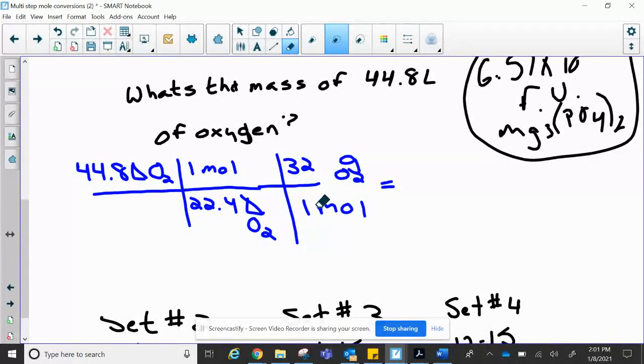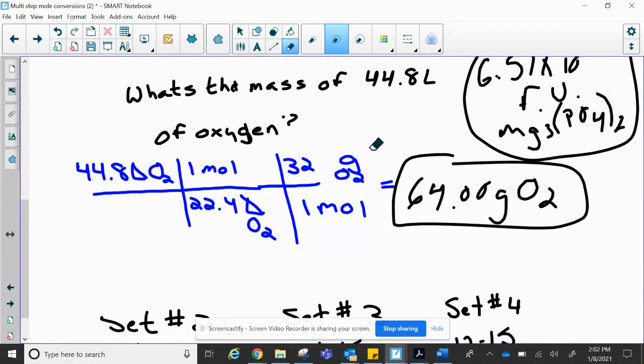Then we've got to cancel out the mole and get to grams. Oxygen is, of course, a diatomic, so we have to consider that there are 2 of them. So that makes it 32 grams of oxygen, and what you get there is 44.8 times 32 divided by 22.4, so it's 64 grams of oxygen.